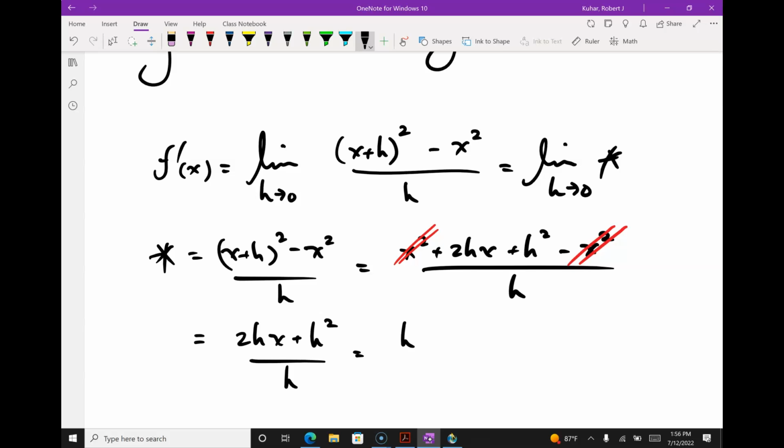And I want to factor. What is 2x plus h? What does that represent? Slope of what?